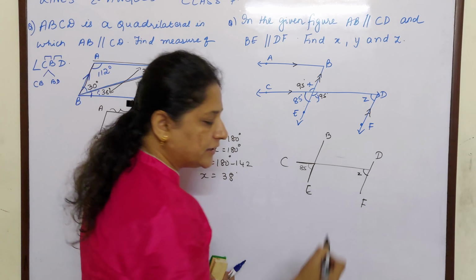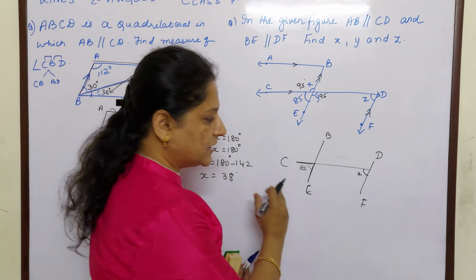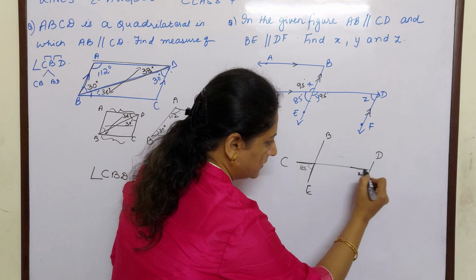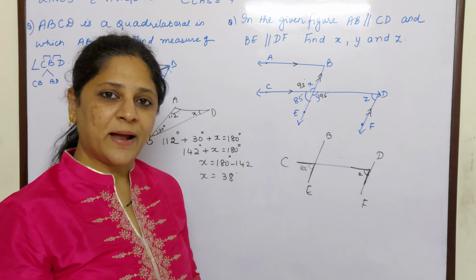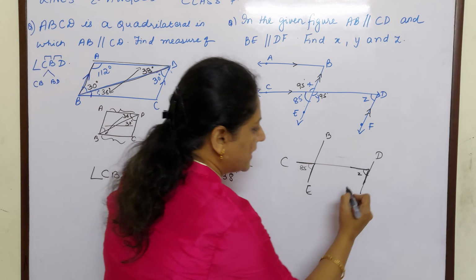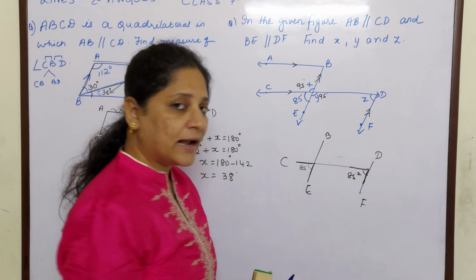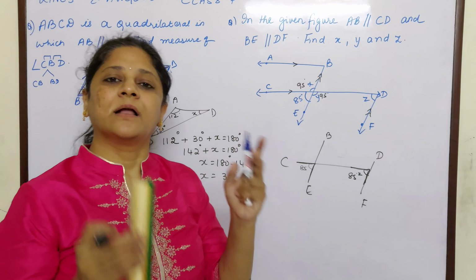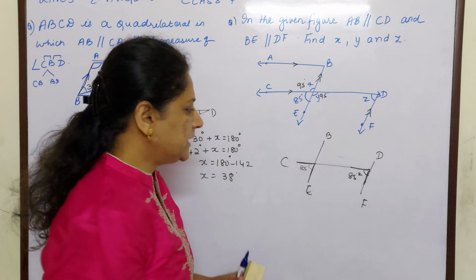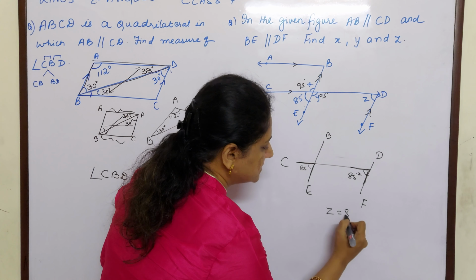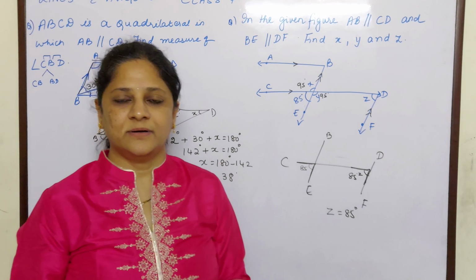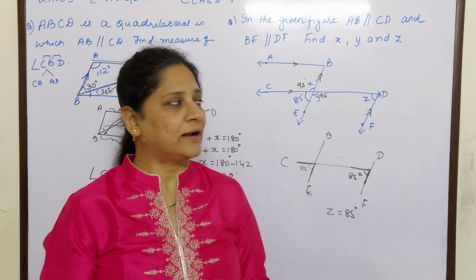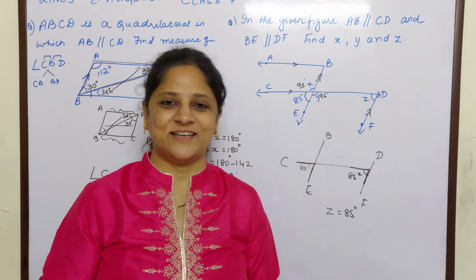Sloping down, above the line, same pattern downwards. So they are corresponding angles, and because they are parallel lines, corresponding angles will be equal. So we can say z is also 85 degrees. Hope you understood, children. Keep practicing so that you will feel all these sums are very easy. Bye.